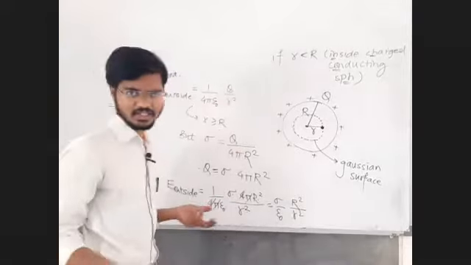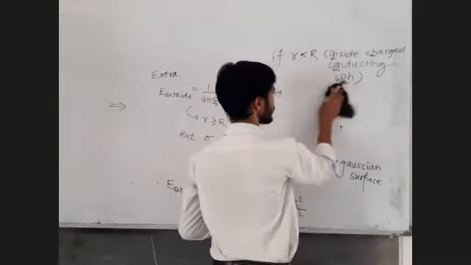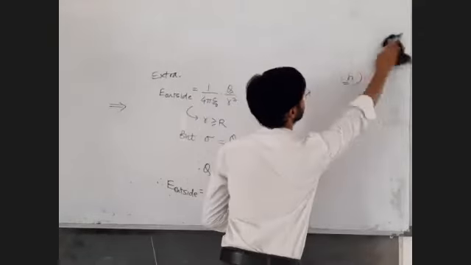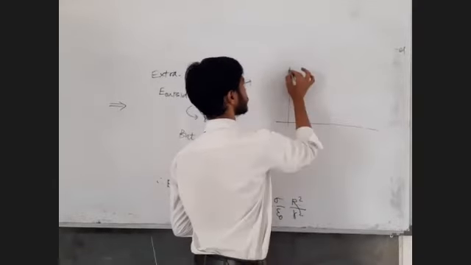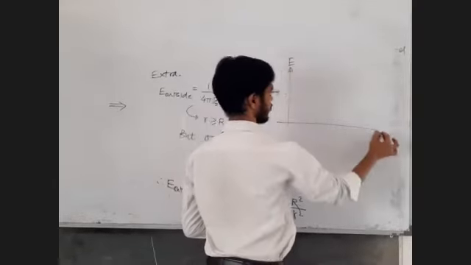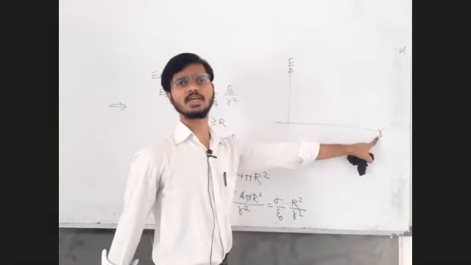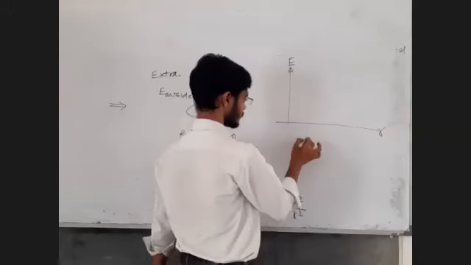Inside, the electric field is 0, that we already know. Let us try to plot a graph of electric field versus distance, inside and outside. When the distance small r is 0, you are at the center of the system.